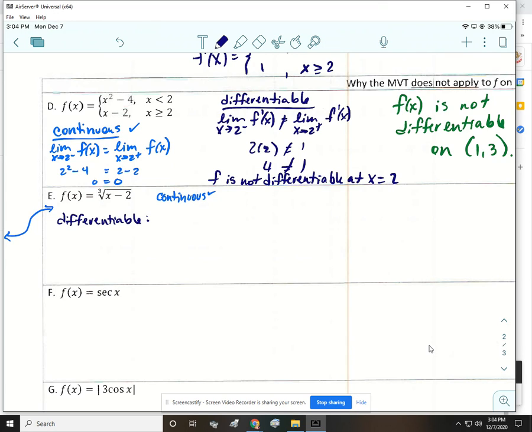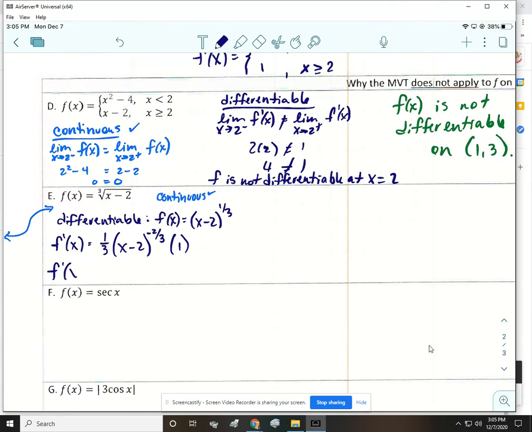All right, so I would start off by rewriting it as f of x equals the quantity x minus 2 to the 1/3. And then I would find the derivative by doing the chain rule. So we would start off with the power, and then we would multiply by the derivative of the inside, which is just 1.